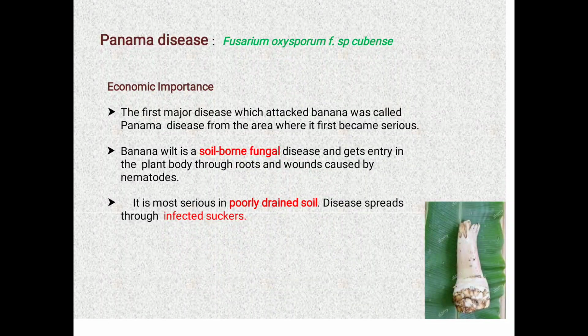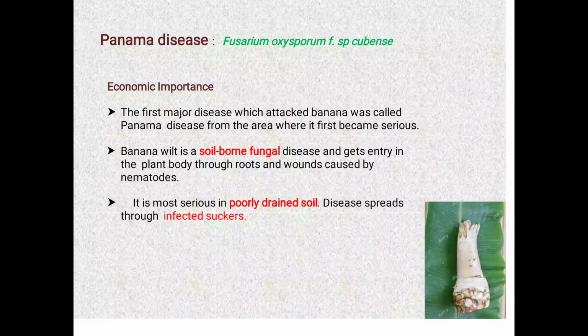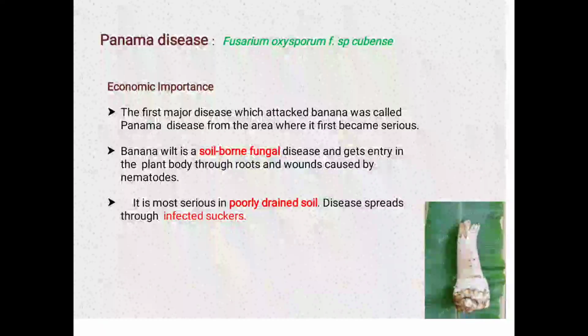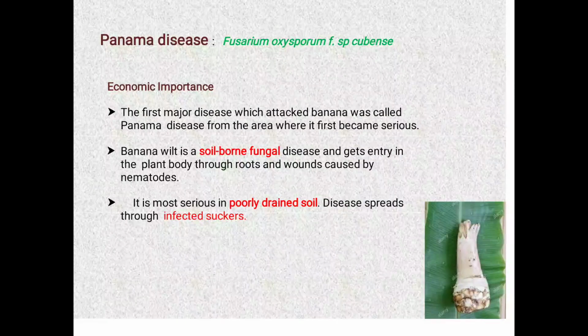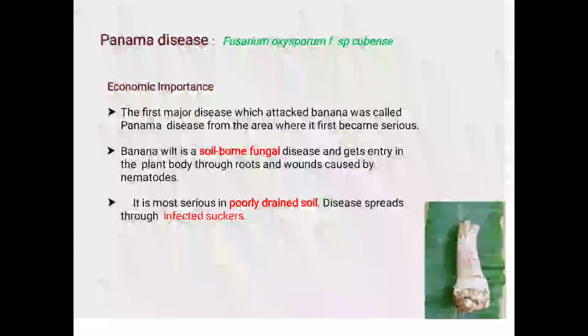Disease spreads through infected suckers. It indicates that if we use infected suckers for plantation, then it will surely produce Fusarium disease, that is Panama disease of banana. That's why one should avoid waterlogging conditions and infected suckers for plantation.